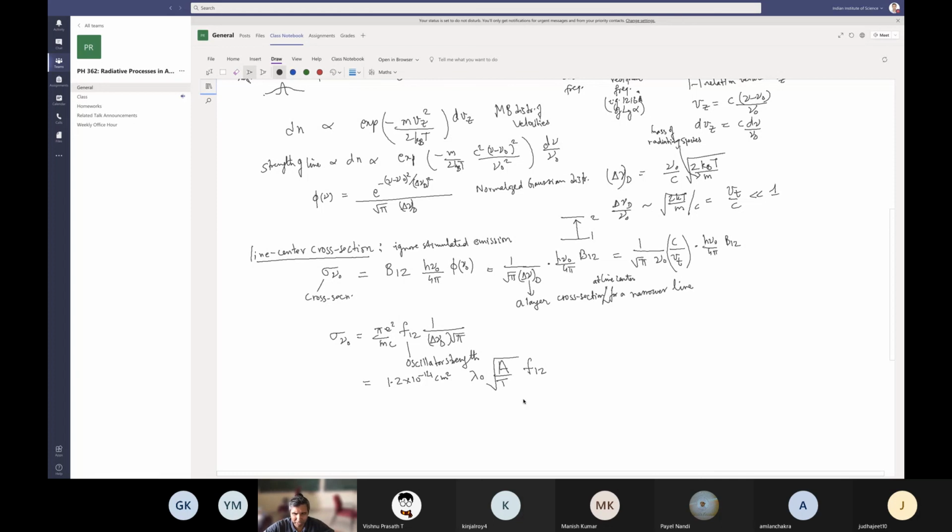So let's see where these are coming from. Square root of T by A is just the thermal velocity, right? This gives rise to this. C by nu naught is nothing but lambda. That's just this.